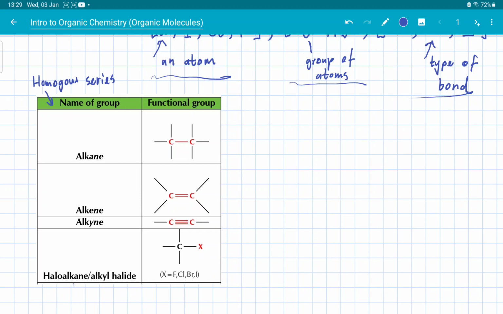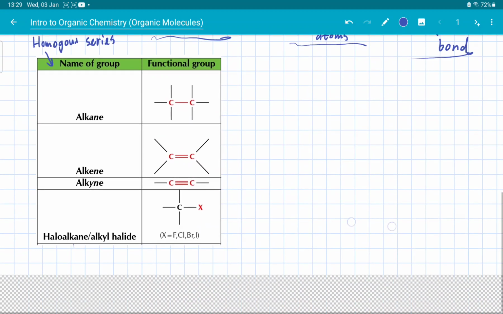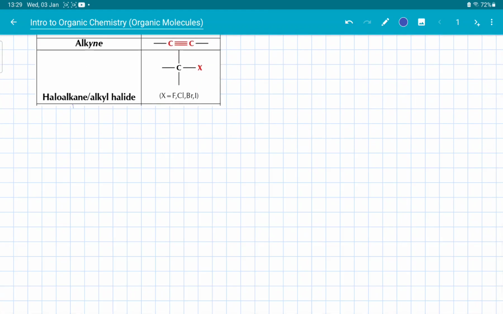So I'm going to open a table. I don't have to open a table, but I want to restart the table. Let me just say homologous series. And then I will write a functional group.